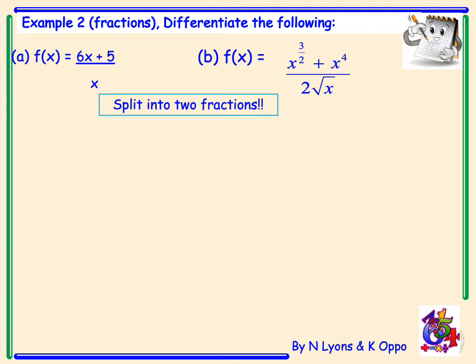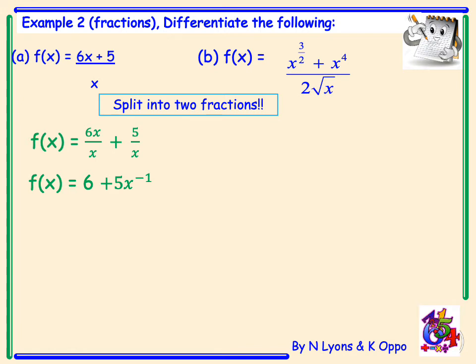So if we have a little look at example A, we can rewrite this as 6x over x plus 5 over x. Then using our rules of indices, the first term we can cancel our x's to become 6, and the second term, if we bring the x up and give it a negative power, which would be 5x to the power of minus 1.